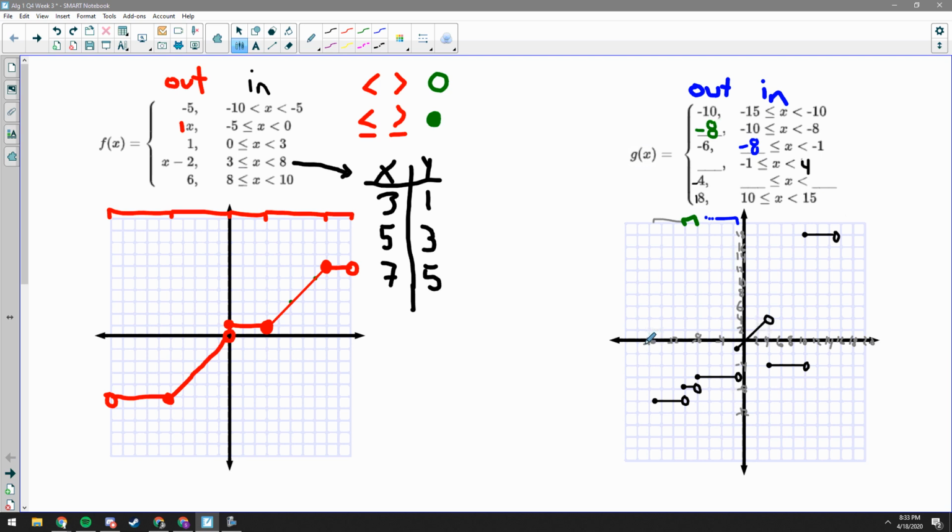All right, let's take a look at the next question. When x is between negative 1 and 4, we're missing our output. Well, if x is between negative 1, which is right there, and 4, 1, 2, 3, 4, my y values, oh, this looks like we're talking about this part of our piecewise function right here.